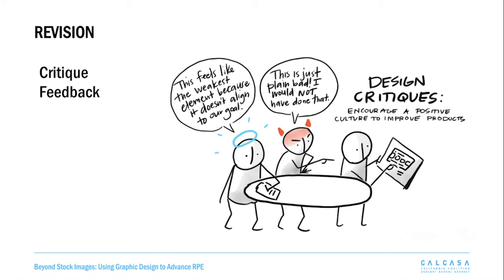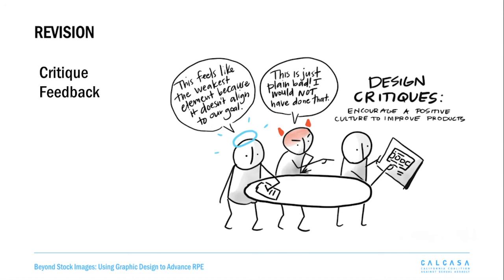A lot of the time this is difficult because when you're so in the process, you kind of forget how someone who doesn't know all the content is going to see it. So it is super helpful to get somebody who's not directly designing it to give some feedback, because sometimes when we're so close to it, we lose sight or just can't perceive it in the same way as our audience will.